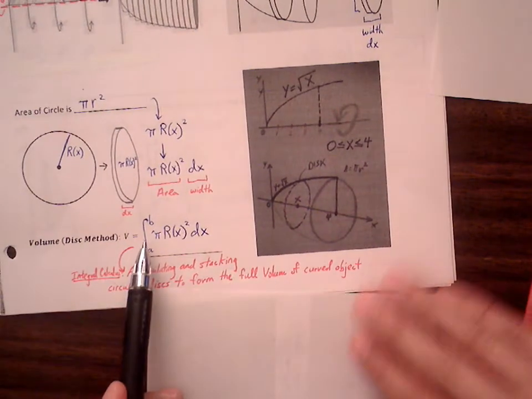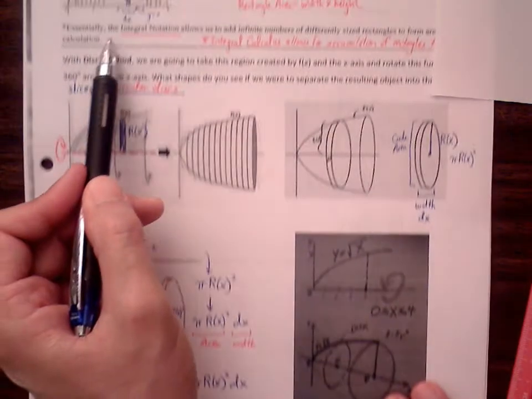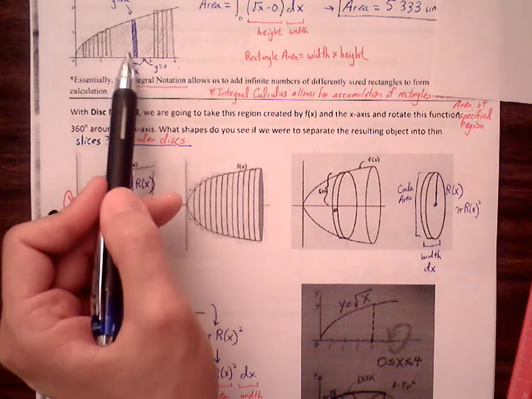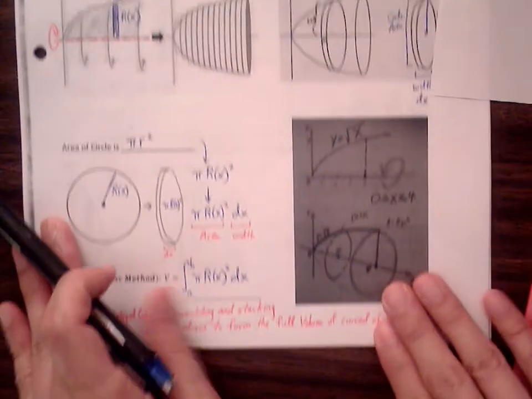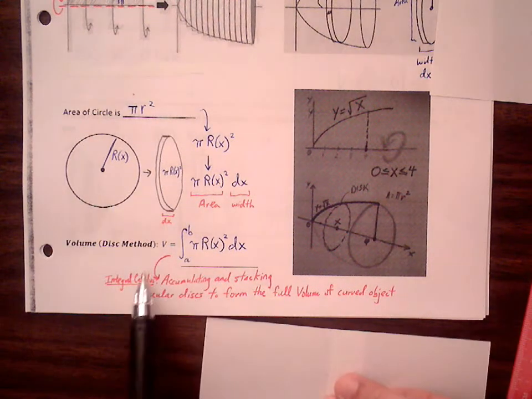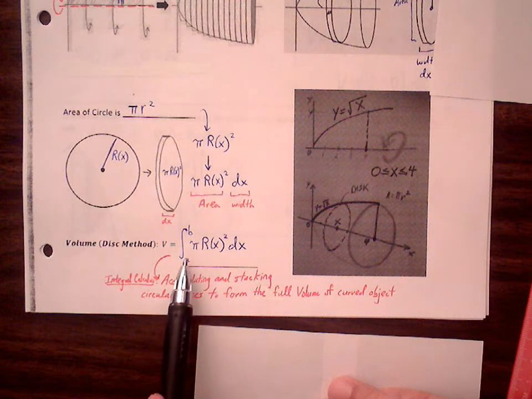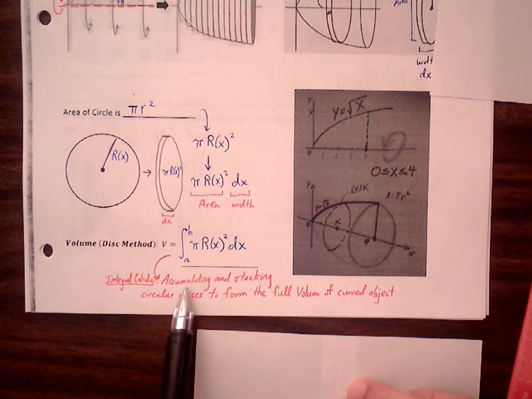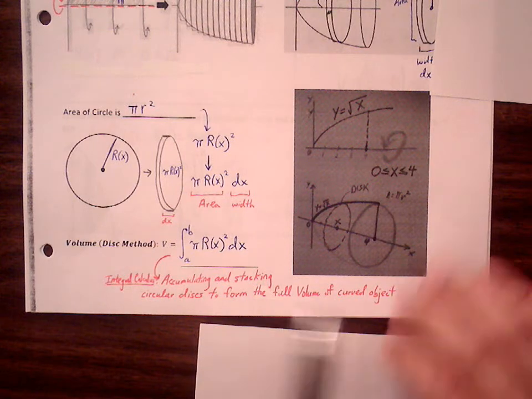That integral notation is going to do the same thing that we did with these rectangles. Rather than stacking infinite numbers of rectangles, we're now going to stack infinite numbers of these circular disks from one end to the next. And this integral notation will now allow us to find the full volume of this curved object.